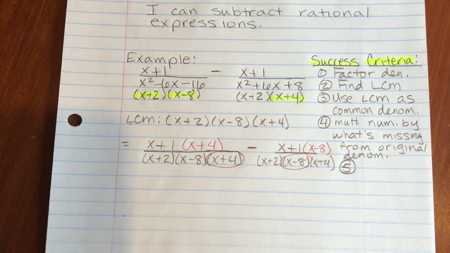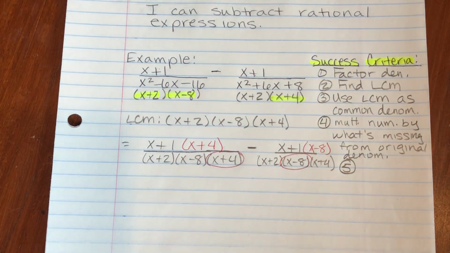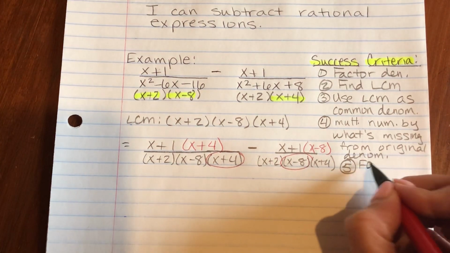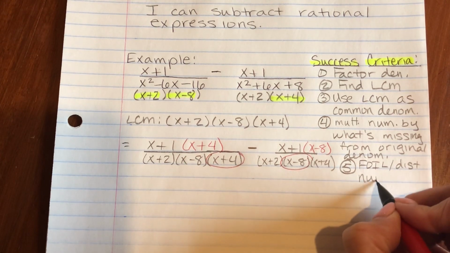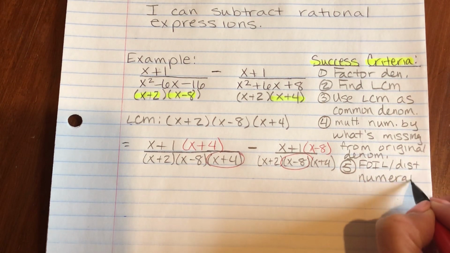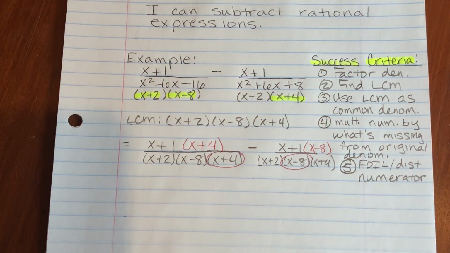All right, step 5. We are going to either FOIL or distribute the numerator. However, this is where it gets a little bit different from addition. When you're subtracting, you're going to FOIL and distribute the numerators, but you're going to keep the fractions separate.